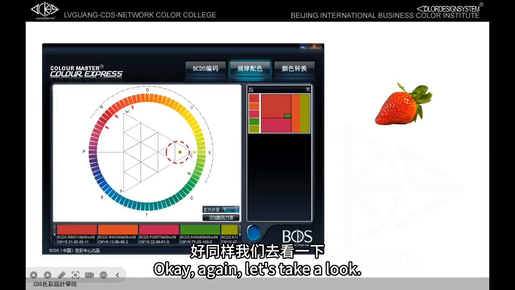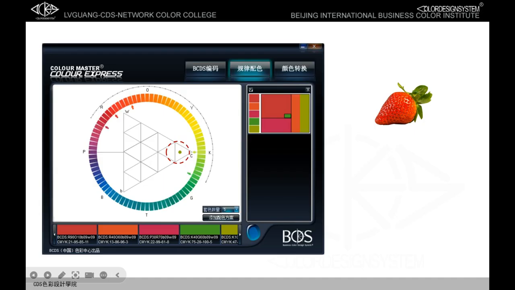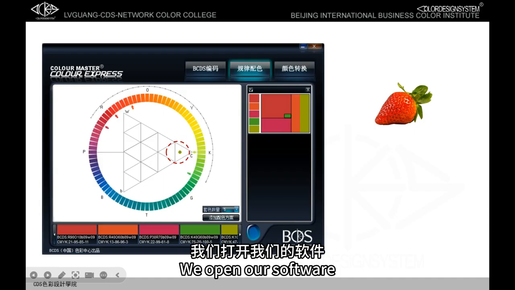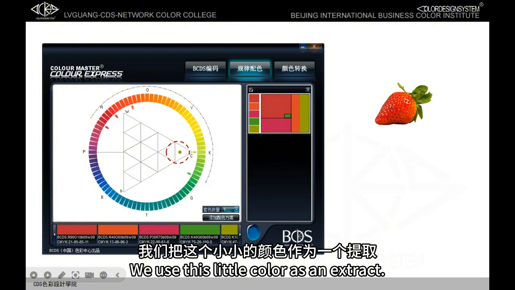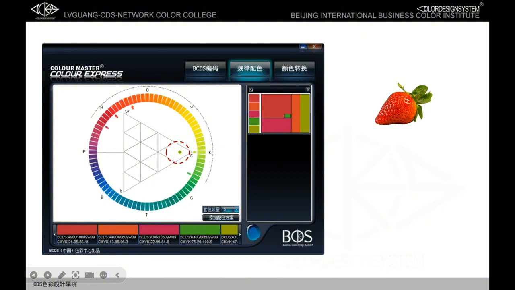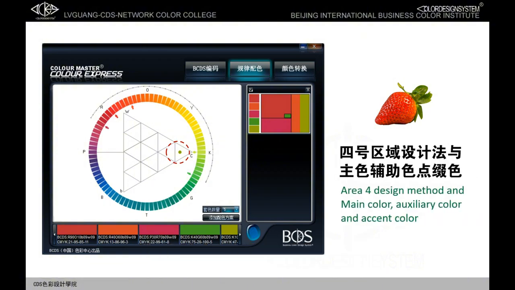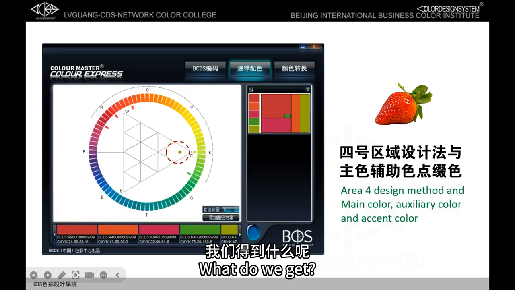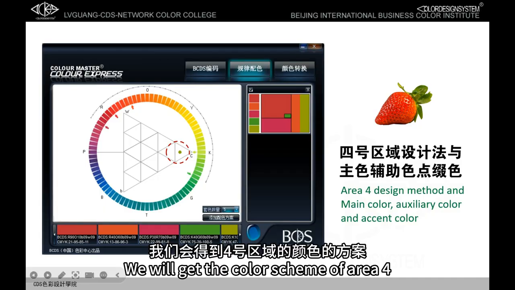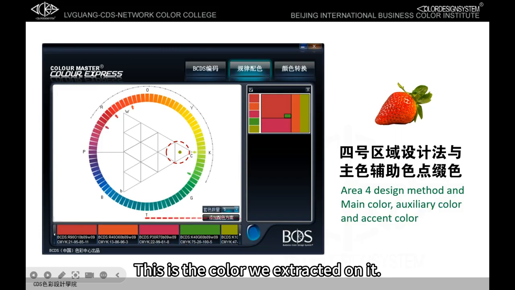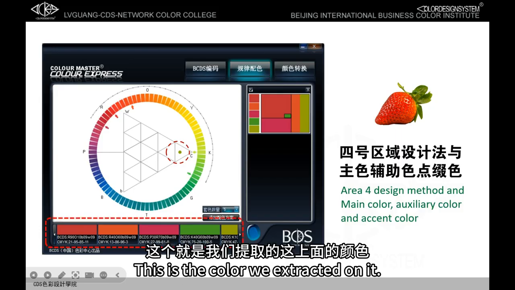Okay, again, let's take a look. We open our software. We use this little color as an extract. Did you see it? What do we get? We will get the color scheme of area 4. This is the color we extracted on it.